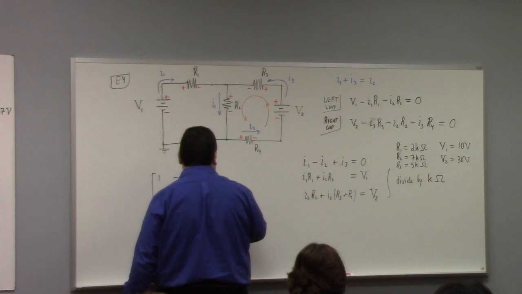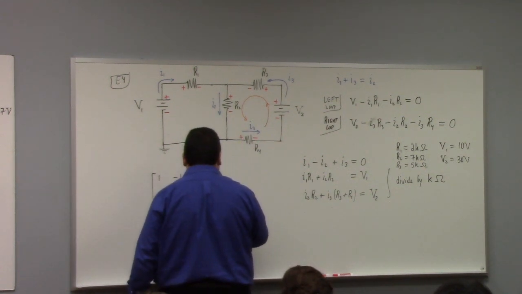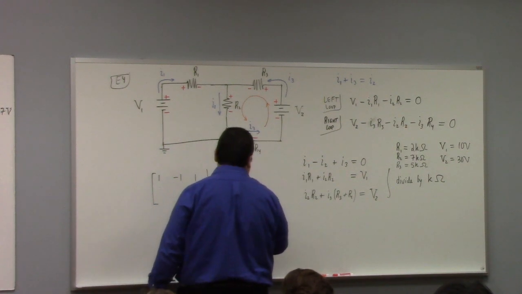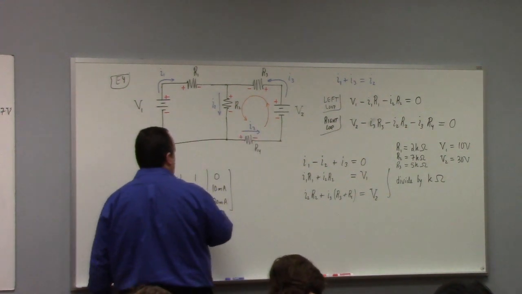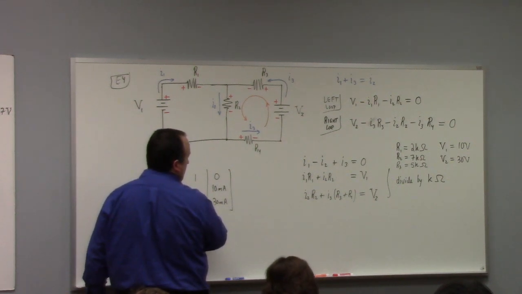And V2 over a kilo ohm would be 30 milliamps. And R1 was 2.